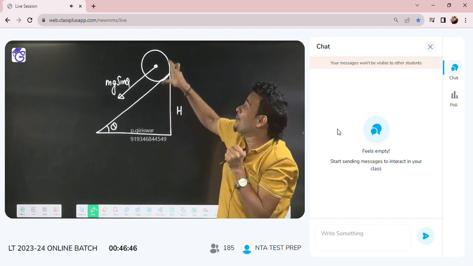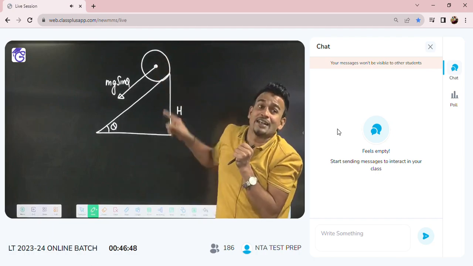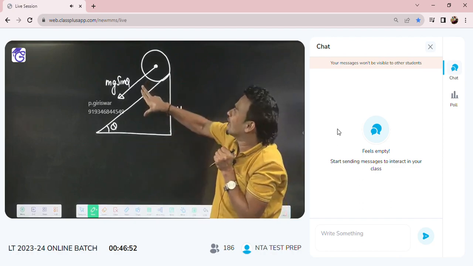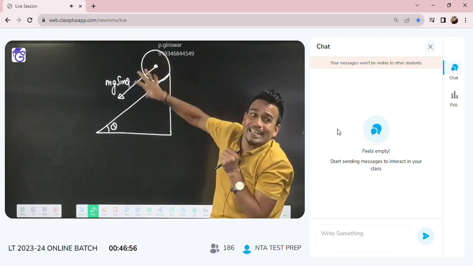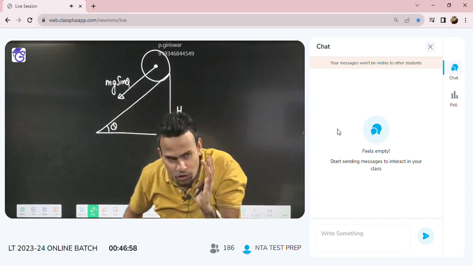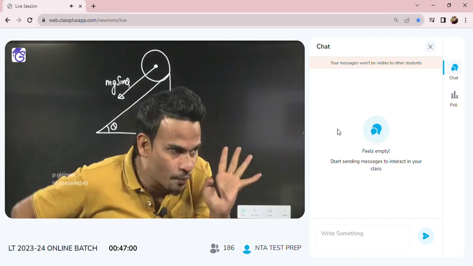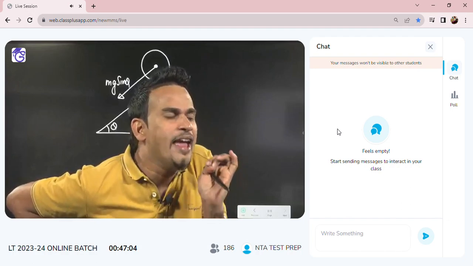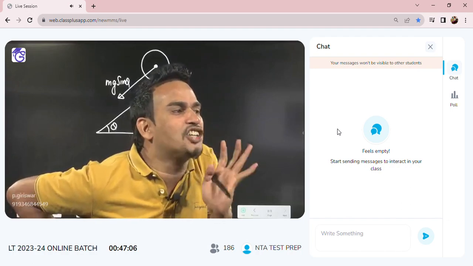In rolling, the body will also rotate about the center. Does mg sin theta give you torque? No. If torque is not there, the body will not rotate. Always remember, for rolling on an inclined plane, friction is mandatory.